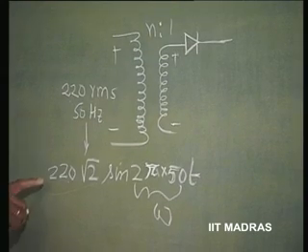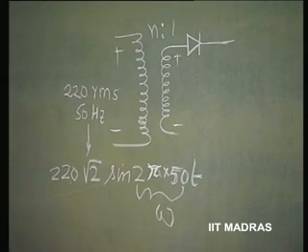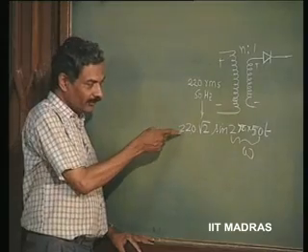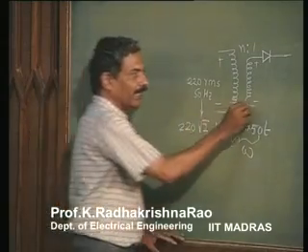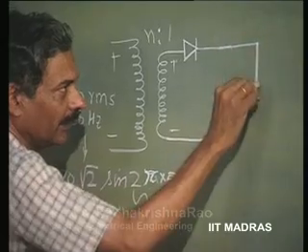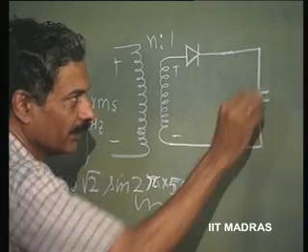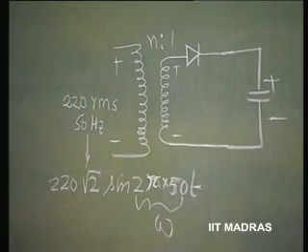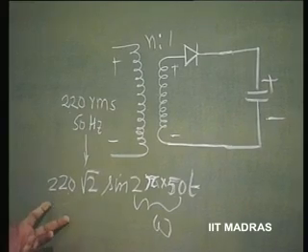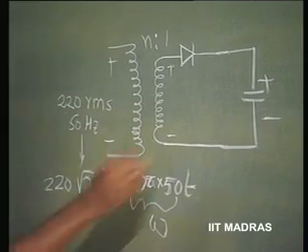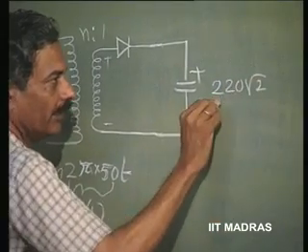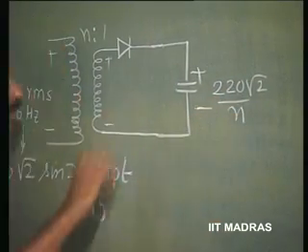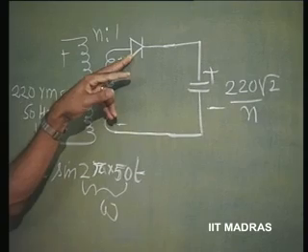So, this is for you to design our converters. Later you should know that it is 220 root 2 peak that is important, and once this circuit is put here, we had discussed that this capacitor gets simply charged to the peak value of the voltage. What is it? 220 root 2 divided by n, because it is an n is to 1 transformer.